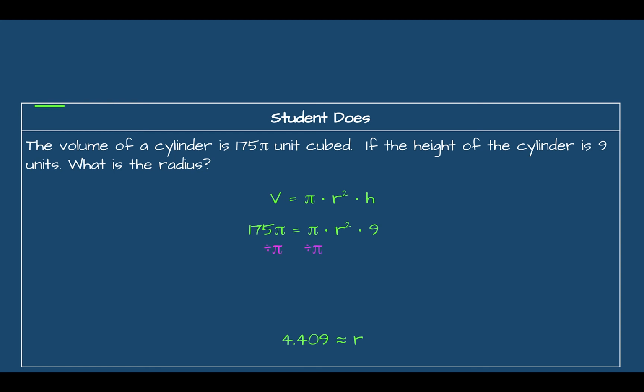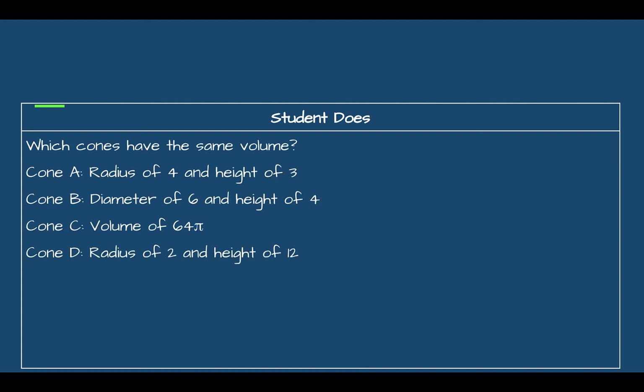So I'm going to divide both sides by pi, and then divide both sides by 9, and I get r squared is equal to 19.444. Just like we did with the Pythagorean theorem, if I want to solve for a variable to the second power, I need to take the square root of both sides. So the square root of 19.444 is 4.409, or about that.